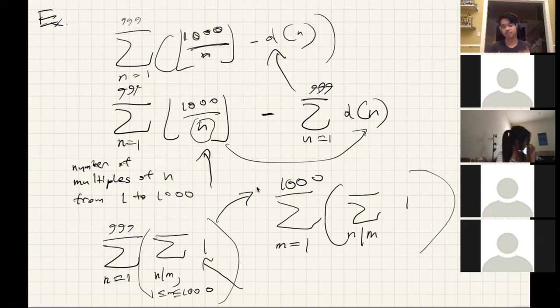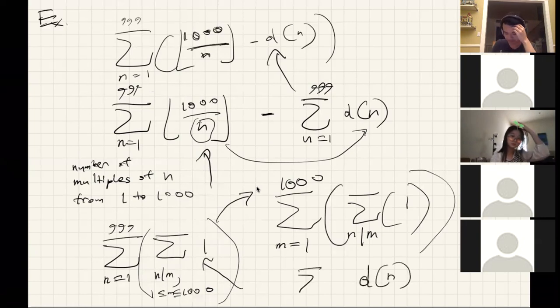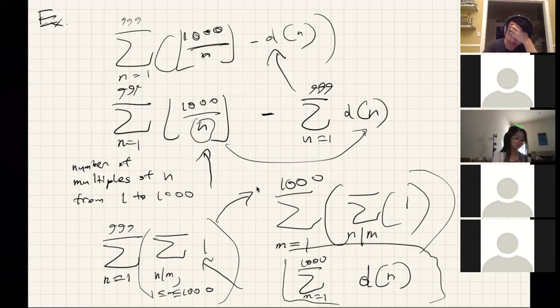We've swapped the order of summation, and now this sum evaluates to exactly the divisor function. We've gotten a sum that looks very much like the right side that we've been ignoring for most of the problem.